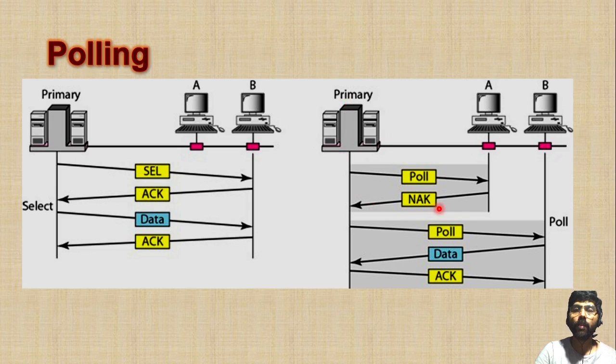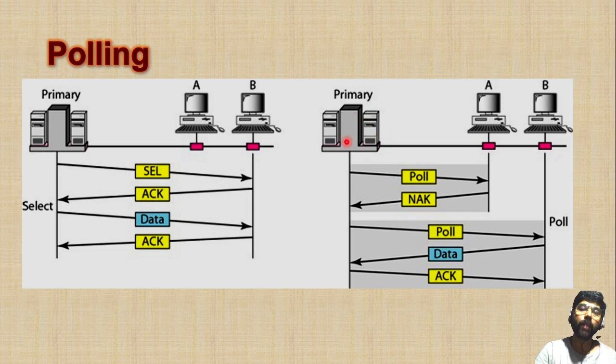Whenever the primary station receives the NAK, that indicates that the station is not ready for data transmission. So it will give that chance to another station. So it will send that poll signal or frame to another different station and wait for the data. If the station wants to send data, then it immediately sends one data frame to the primary station.